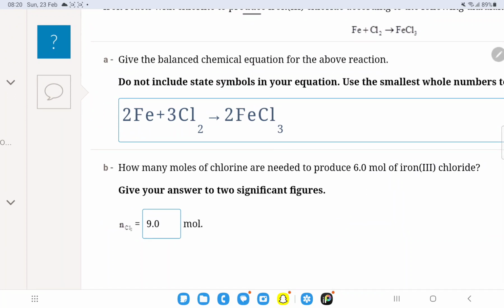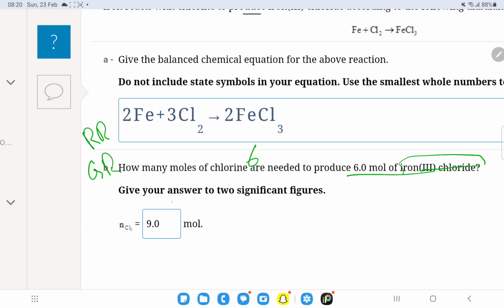So you need to do RRGR. So they gave us 6 moles of iron chloride. So the product, so 6 moles.